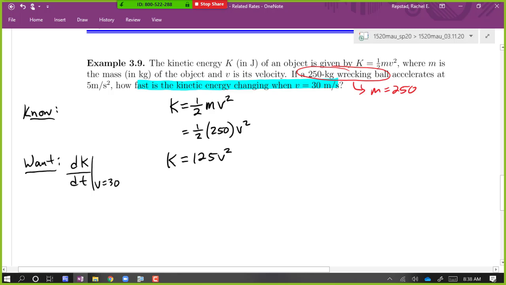So there's my equation that relates k and v. I know that the rate I want is the rate of change of k. So hopefully what they've done is given me the rate of change of v somewhere. So this is hopeful thinking here, where I'm just writing down dv dt. At some point, do they give us dv dt? Is there a piece of information that can be interpreted as that derivative?